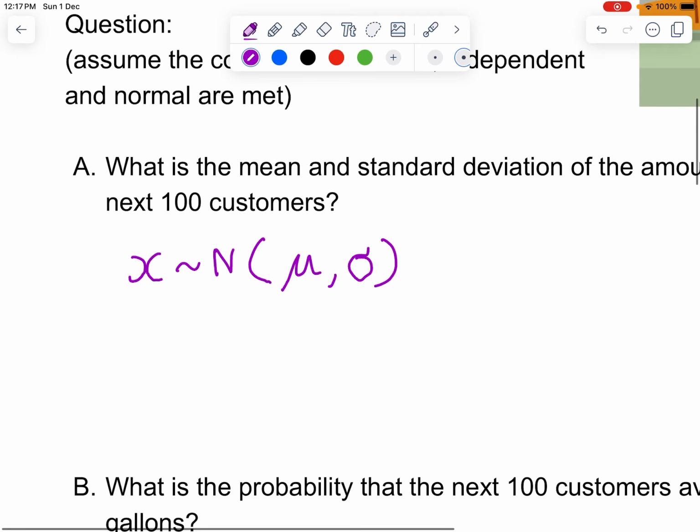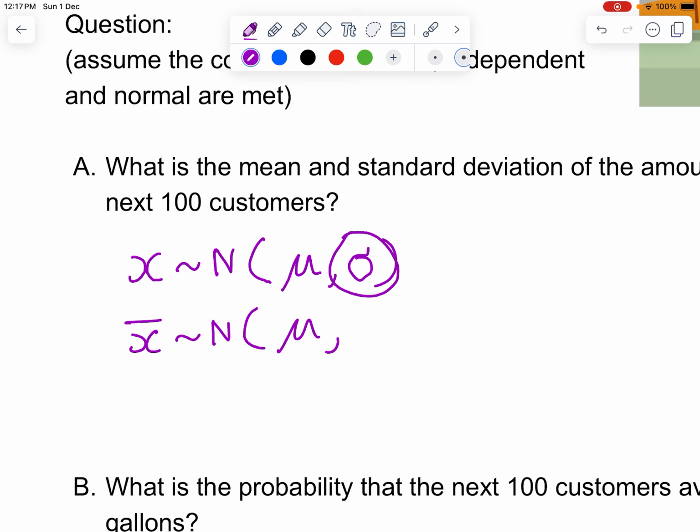When we have a sample distribution, then the mean would be just the mean by itself. It would be the same, but the standard deviation for a sample would not be just the standard deviation. It will be standard deviation over square root of n, which is the sample size.